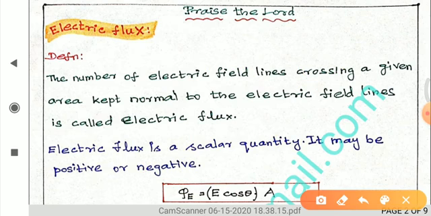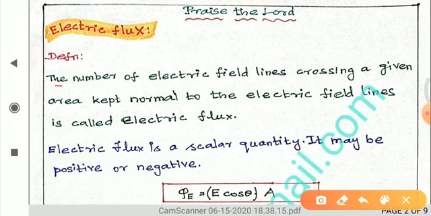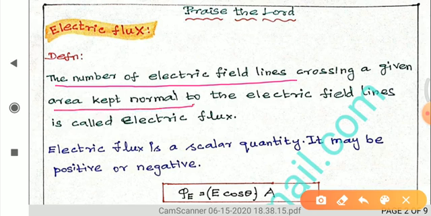In the definition we can see the number of electric field lines, which is meant by lines of force. So how many lines of force are crossing through the given area, and the area which we are considering should be normal, that is, the surface area should be perpendicular to the direction of electric field.